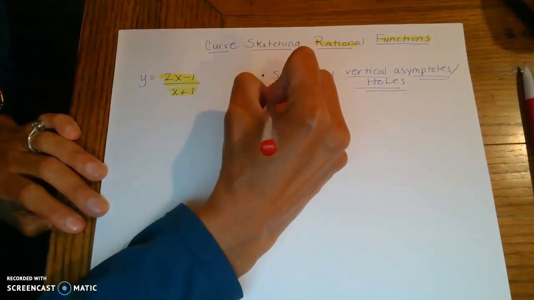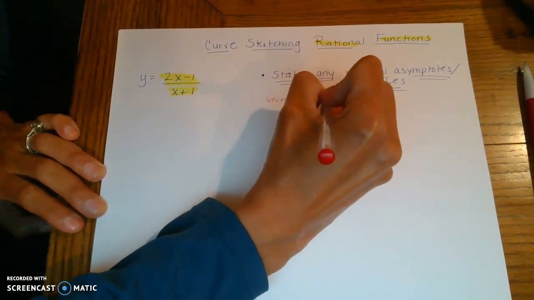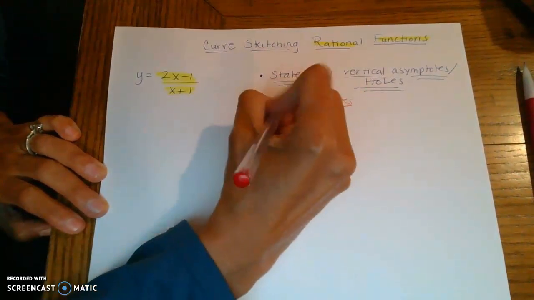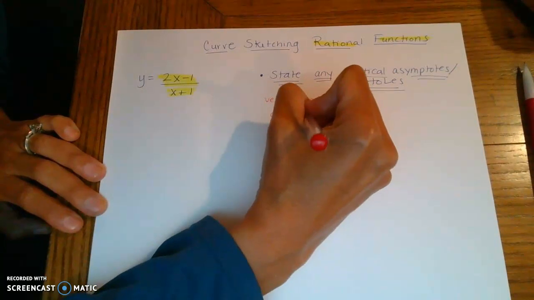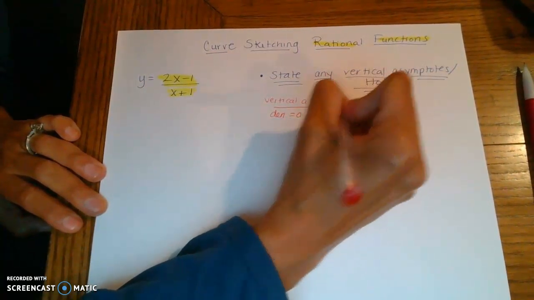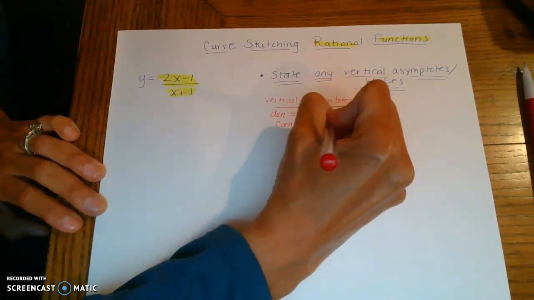So if I'm looking for a vertical asymptote, vertical asymptotes occur when the denominator is equal to 0 and it cannot be reduced.